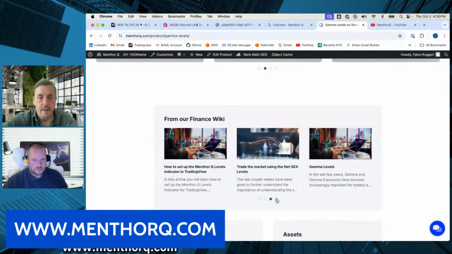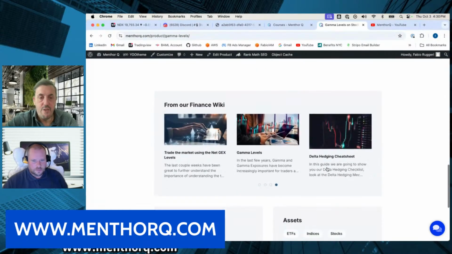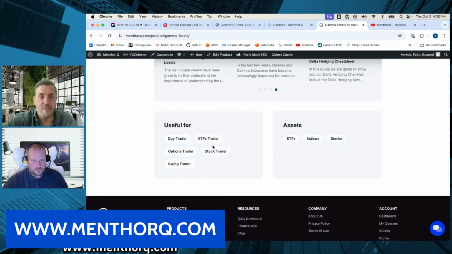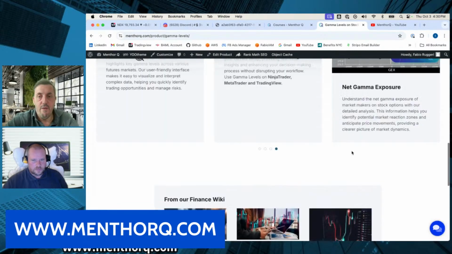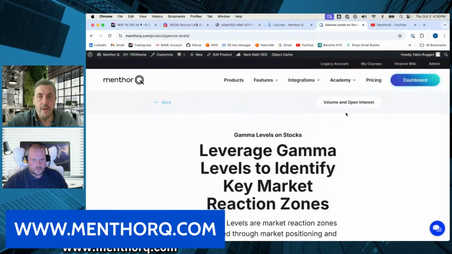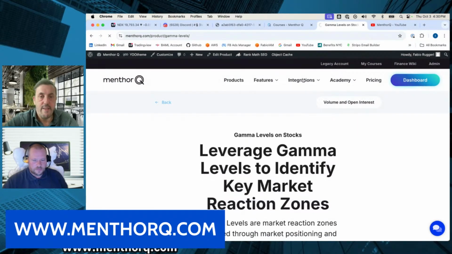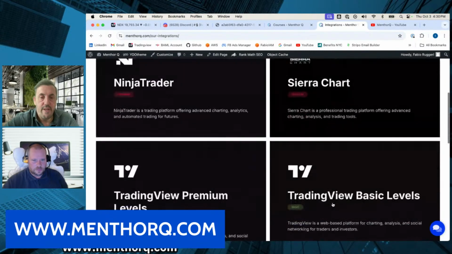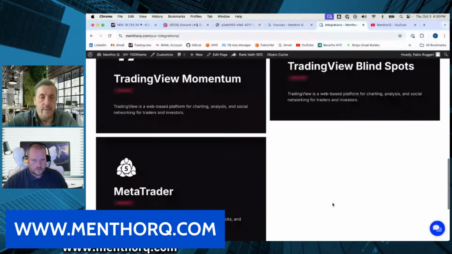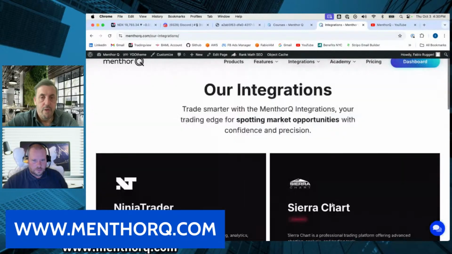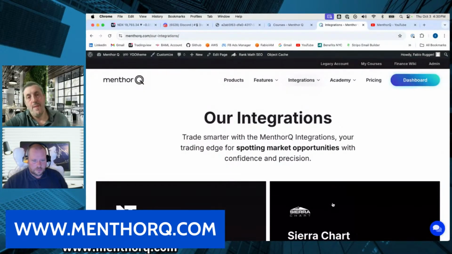So everything about gamma levels, delta hedging, and so on. Who can use this? Day traders, option traders, stock traders, swing traders. We also have all our integrations right here. We are integrated right now with NinjaTrader, Sierra Chart, TradingView, and MetaTrader at the bottom right here. And the integrations are going to grow. We're planning to launch another 3 to 4 integrations by the end of the year, and then potentially explore more next year as well.